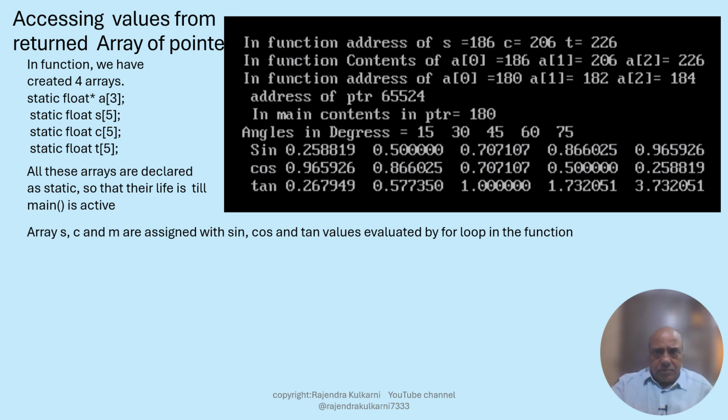We want the function to return these three addresses to the calling function, so that the calling function can access the values stored in these arrays S, C and T by various printf statements.